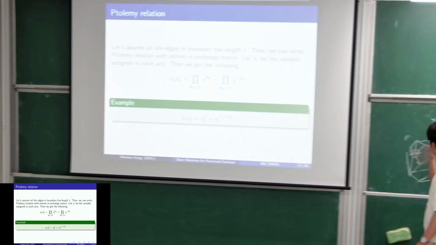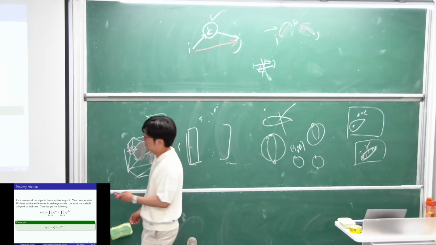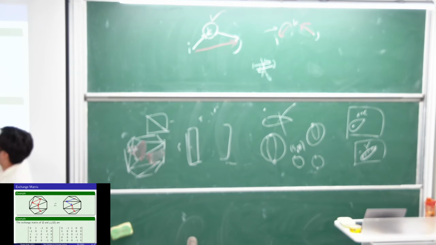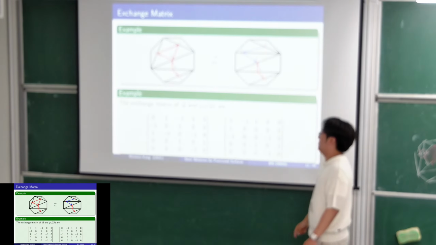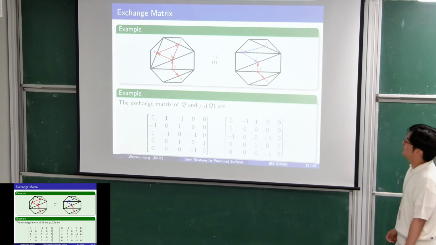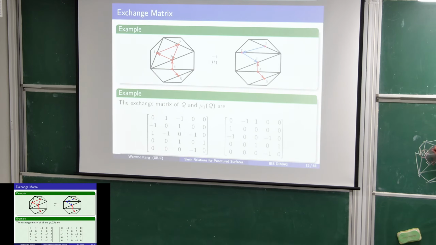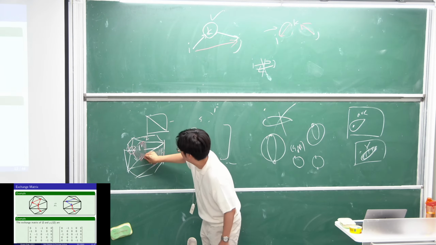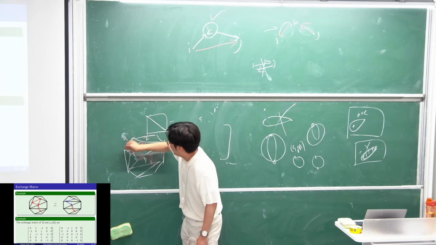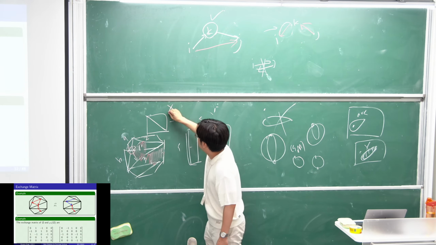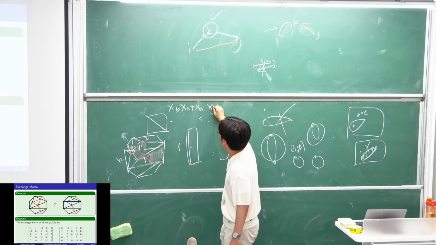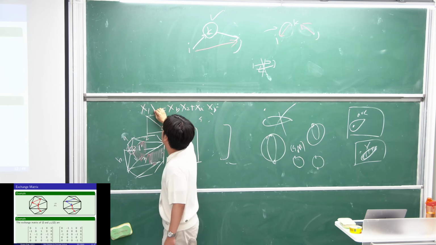And then you can see that this is actually a Ptolemy relation with the boundaries understood as 1. What does it mean? If I have 1 prime in here, this is 2 and this was 3. Technically, I should have said x_b times x2 plus x_a times x3 is equal to x1 prime.